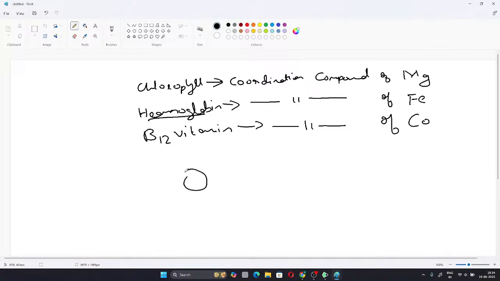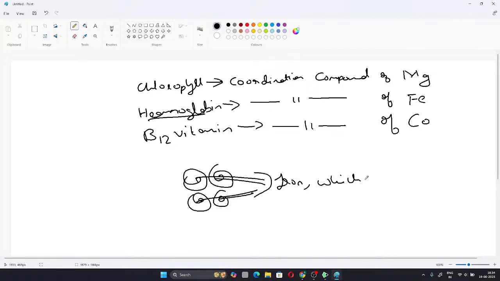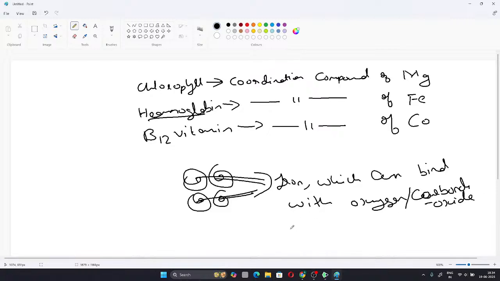In hemoglobin, we see that there are four active sites of iron, which can bind with oxygen or carbon dioxide to transport them.